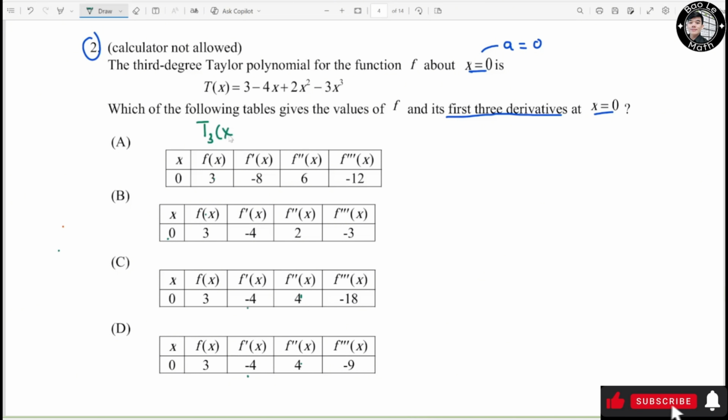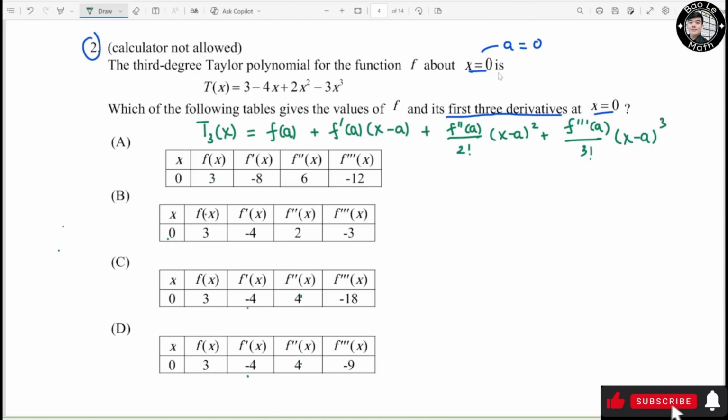P3 of x equals f of a plus f prime of a times x minus a plus f double prime of a over 2 factorial times x minus a squared plus f triple prime of a over 3 factorial times x minus a cubed.